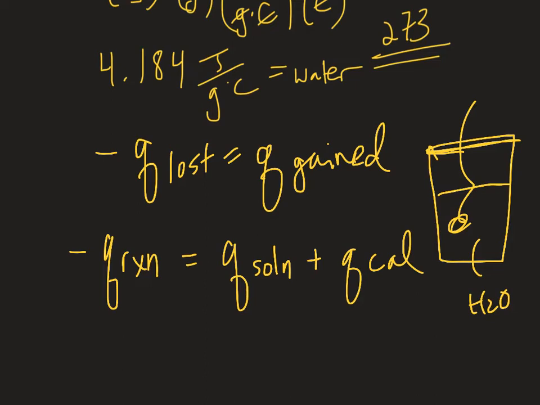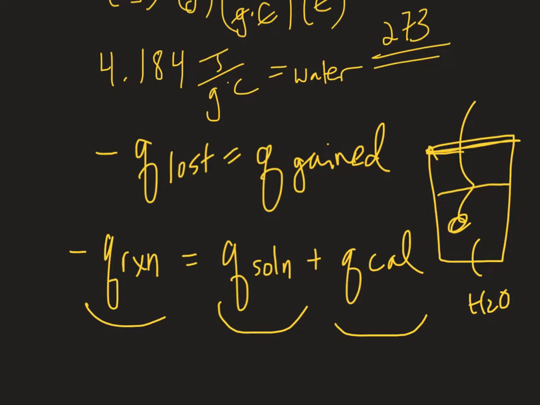Because chemistry happens when bonds are broken and then bonds are formed, you may have a release of energy or an intake of energy. So let's just, for the sake of argument, say that it's going to be exothermic. So you can calculate the heat of a reaction simply by measuring the change in temperature and applying these two situations.